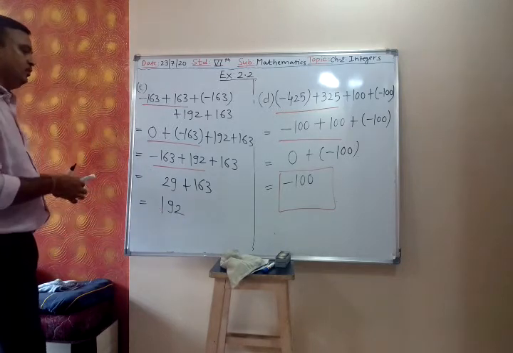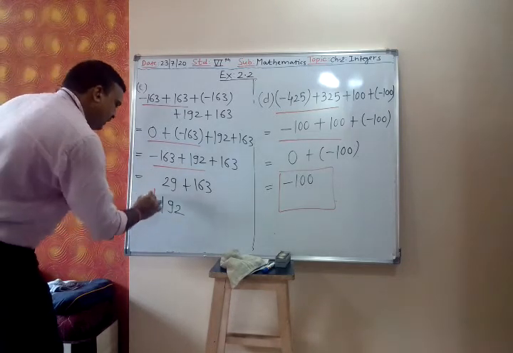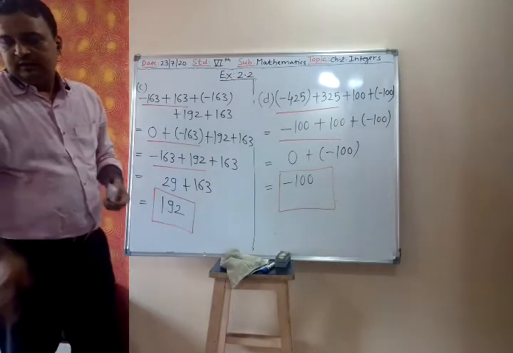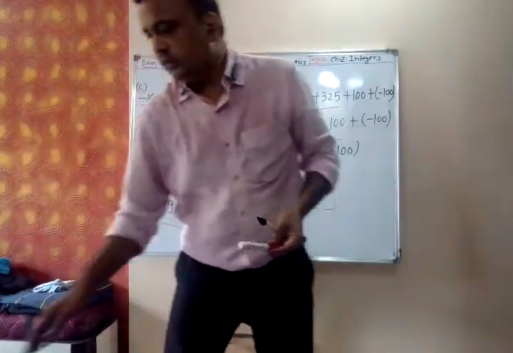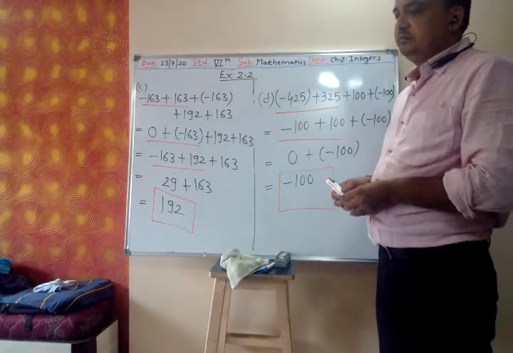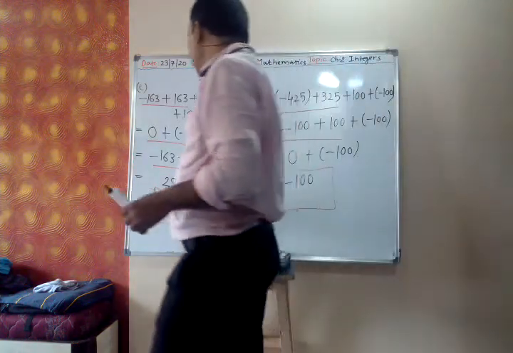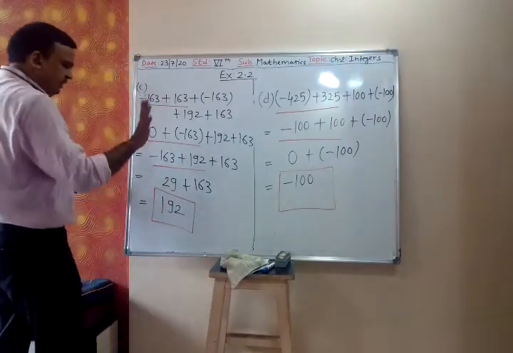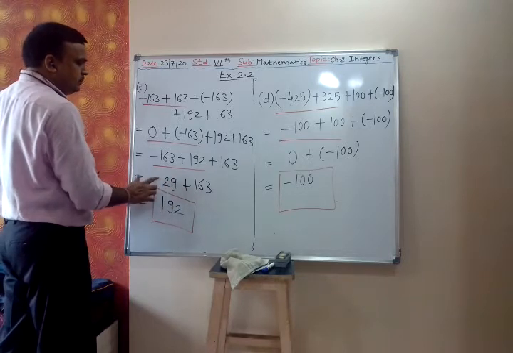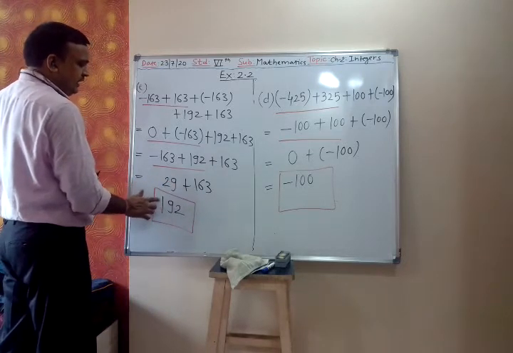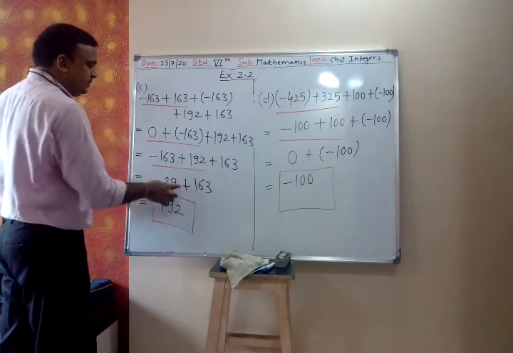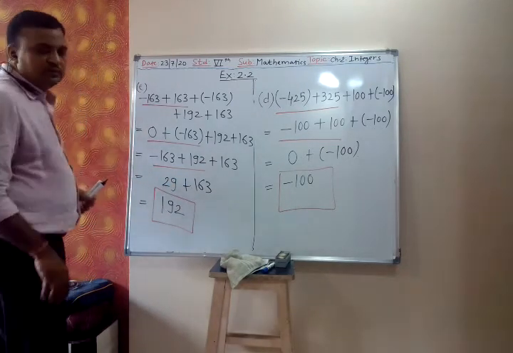The answer is plus 192, or just 192. Because 29 has a plus sign and 163 has a plus sign, plus plus means plus, and whenever they have the same sign you have to add the numbers. So 163 plus 29 is 192.